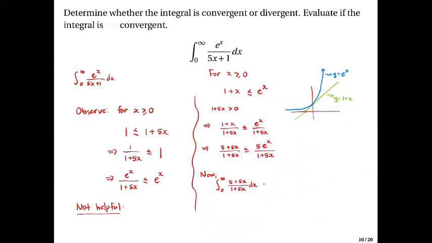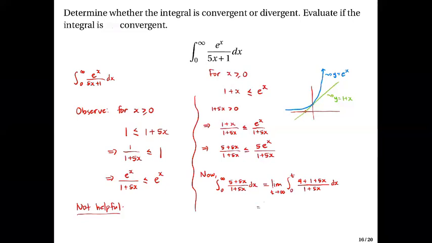So by definition, this is just the limit as t approaches plus infinity of the integral from 0 to t. The 5 in here, I will decompose into 4 plus 1. So I will have 4 plus 1 plus 5x, divided by 1 plus 5x dx.